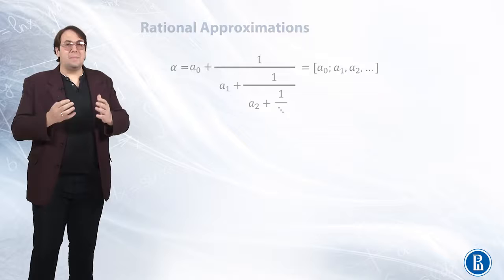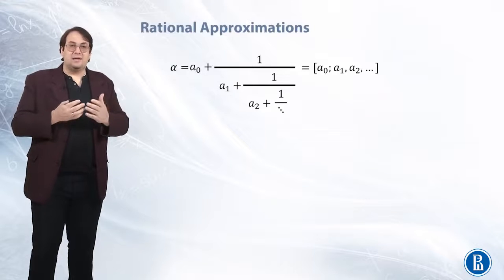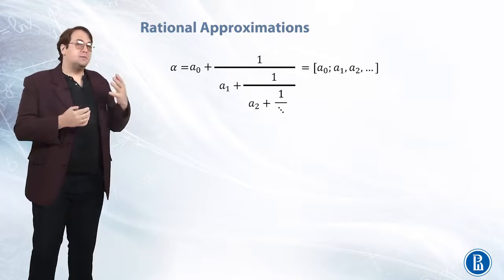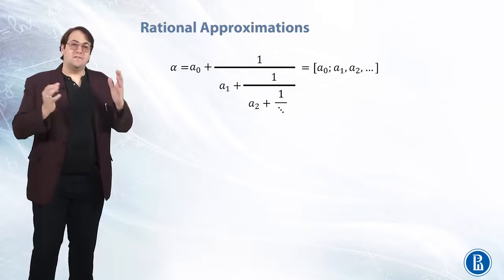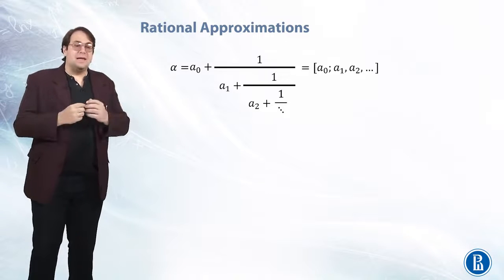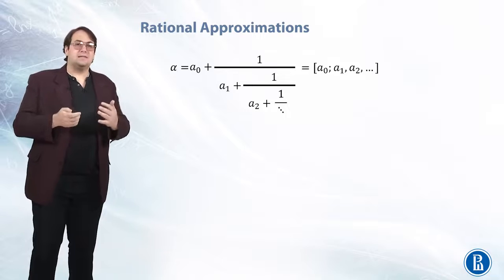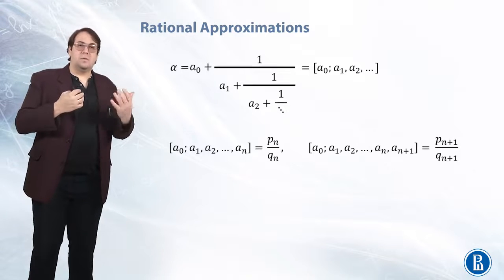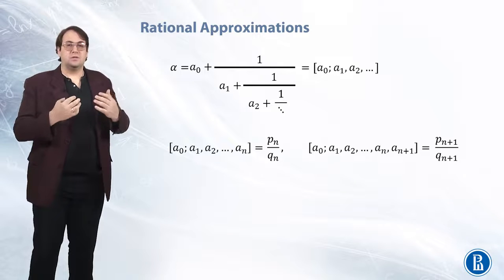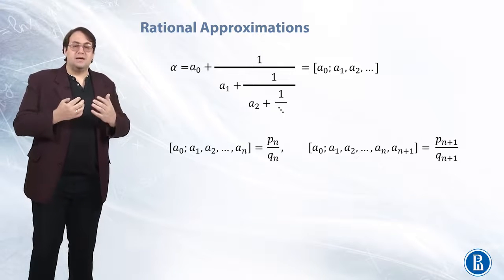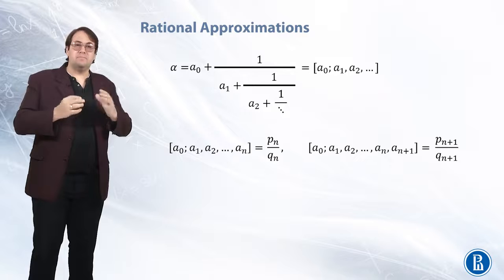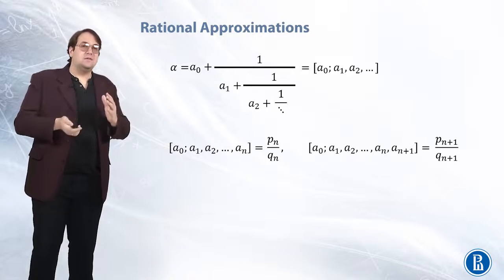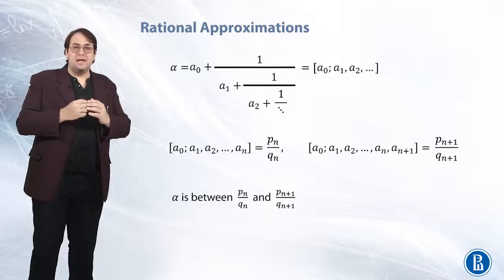So the theoretical basis is the following. If we decompose an irrational number alpha into a continued fraction, we will get an infinite continued fraction. And if we consider its convergent number n and convergent number n plus 1, we understand that alpha itself will be somewhere between these two convergents.